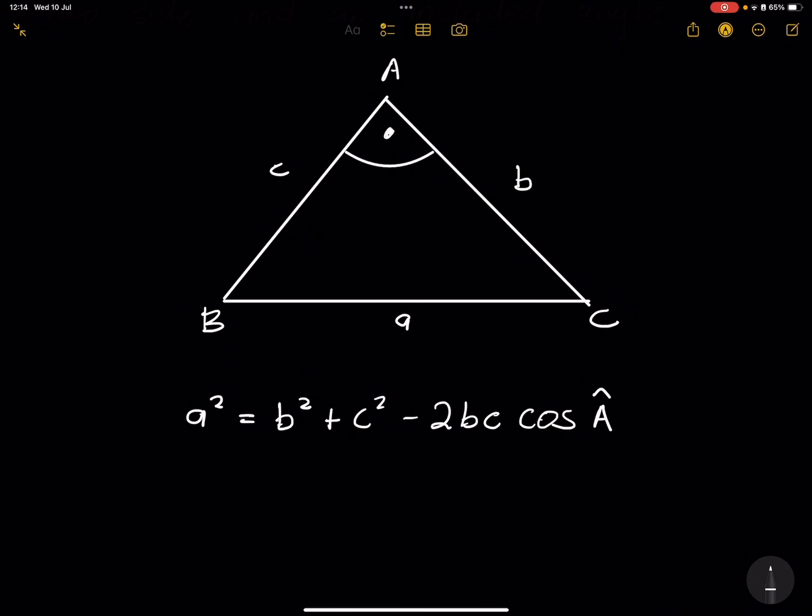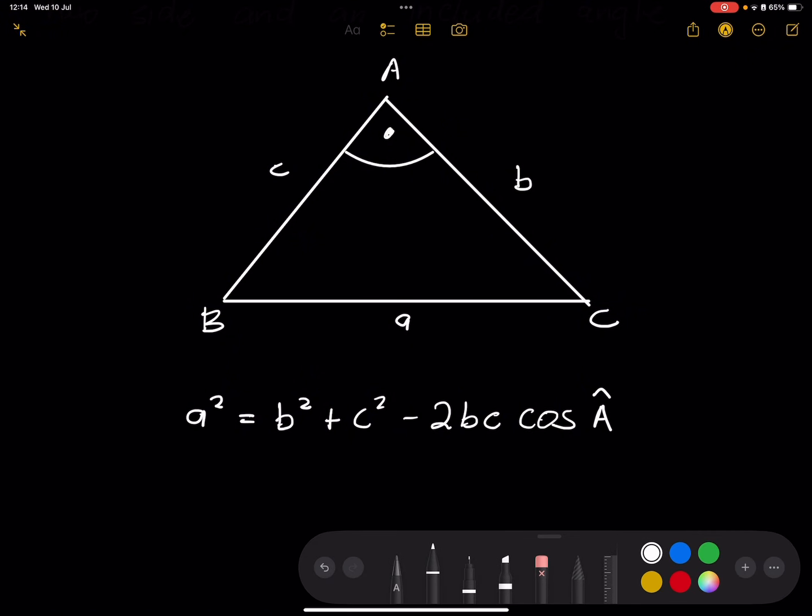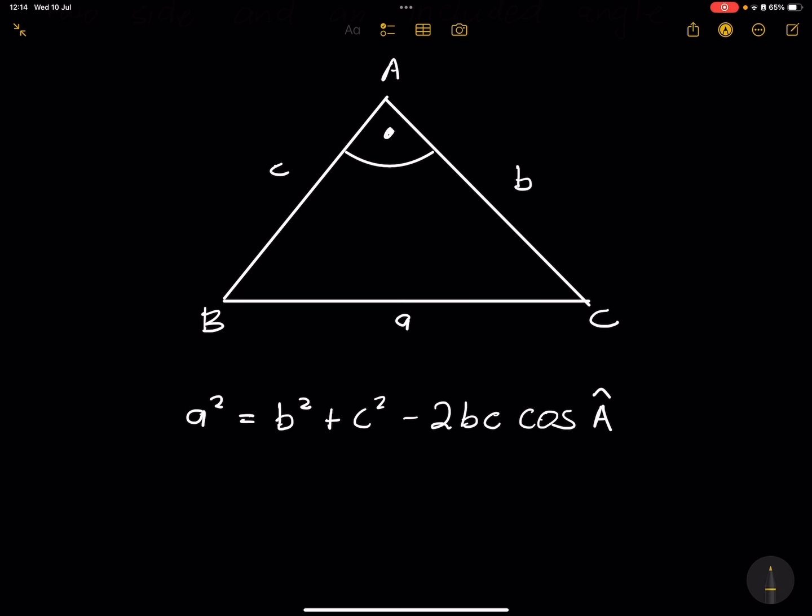Meaning, if I'm looking for side b, then b squared is equal to a squared plus c squared minus 2ac times the cosine of angle B, which would be the included angle.